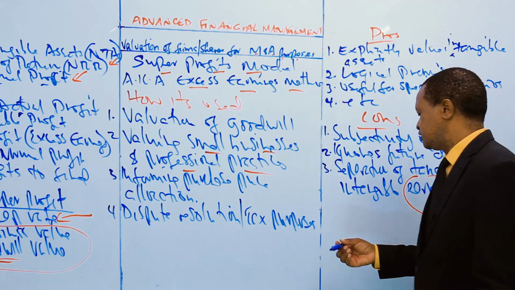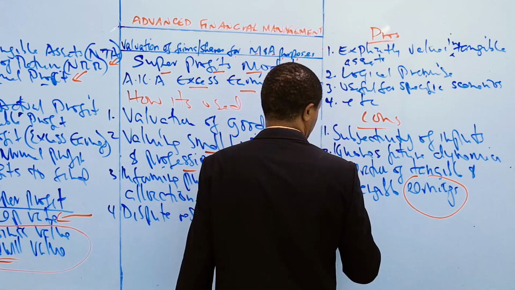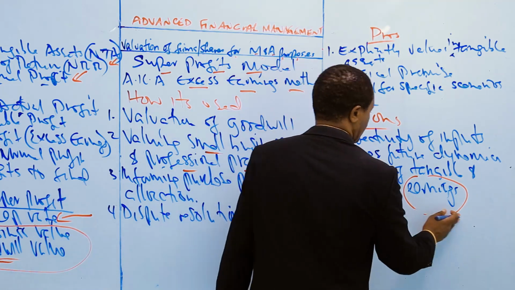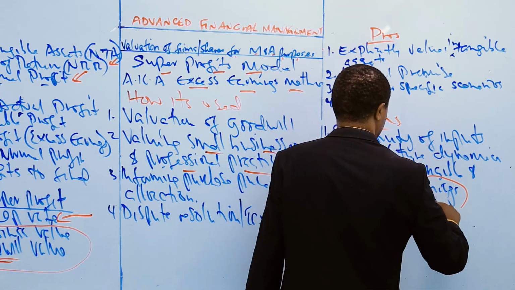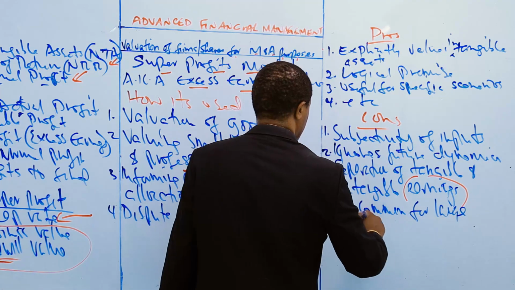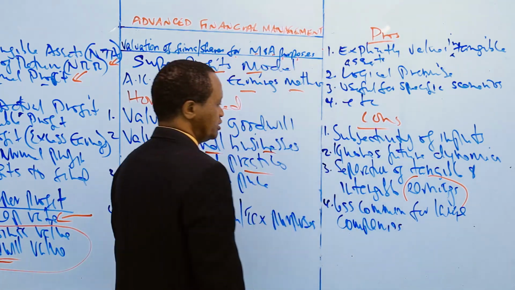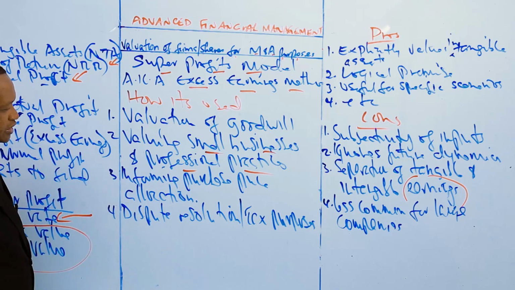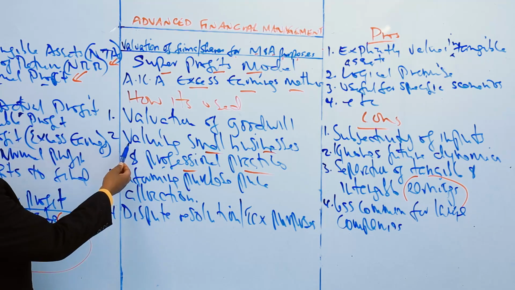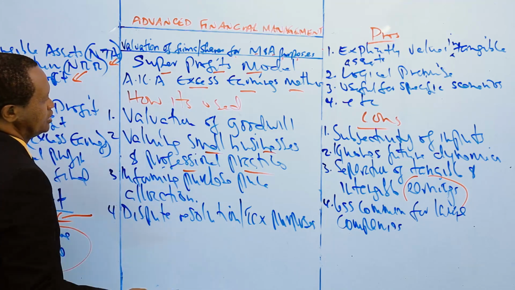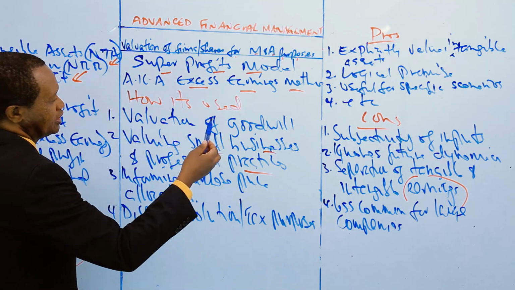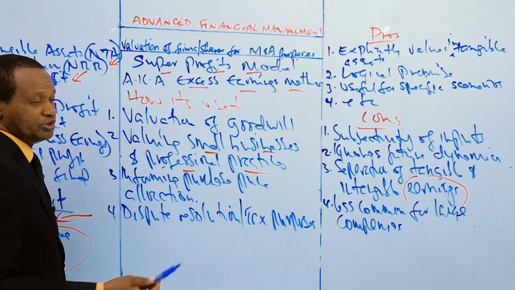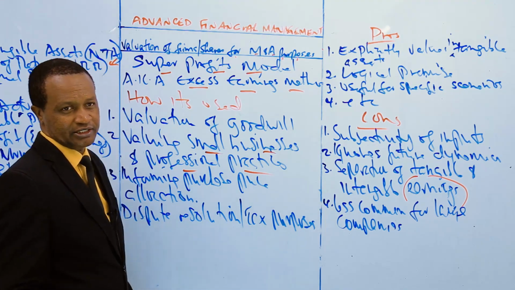Okay, another disadvantage is that this method is less common for large companies. That is why, in point number 2 on when it is used, we said it is used for valuing small businesses, and that is a limitation because this method cannot be used when valuing large companies.